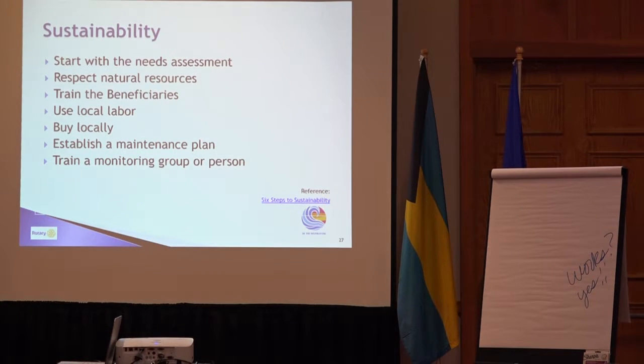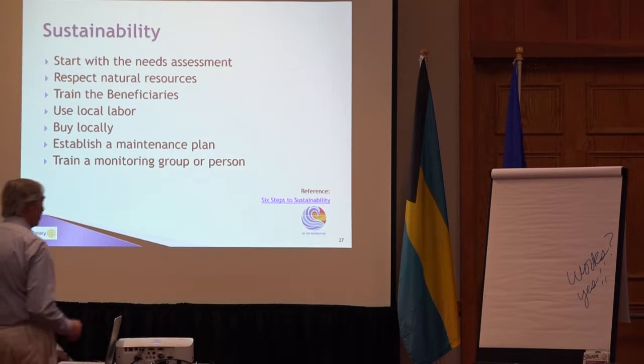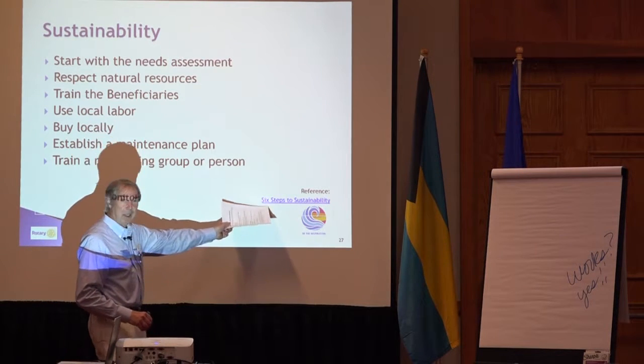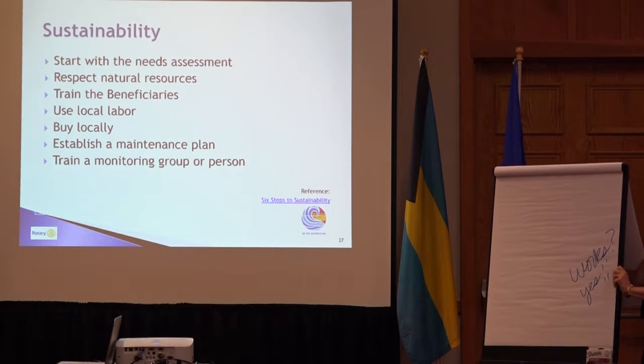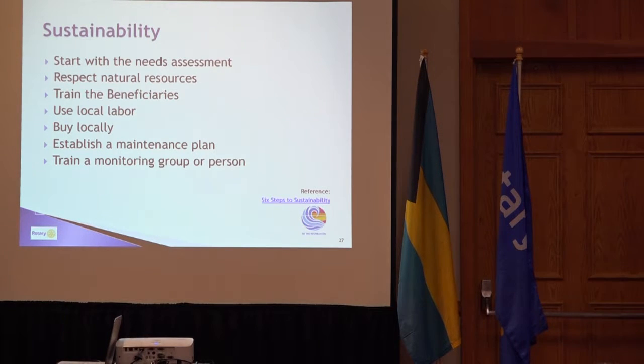RI has a little one-page thing called the 6 Steps to Sustainability, and that's a good thing to look at too. You need to think about sustainability multiple ways, and when you go through all of this, you might add some things to this project plan that you just did.